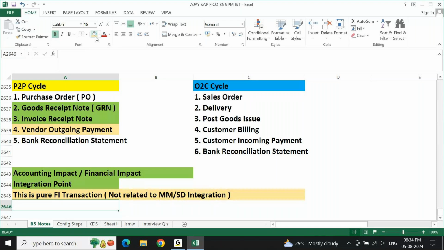This is not part of your integration, but this is part of your cycle. To complete the P2P cycle, you need to include vendor payment. For processing the vendor payment, you are not going to call it part of FI-MM integration, but this is part of the P2P cycle, not part of integration.